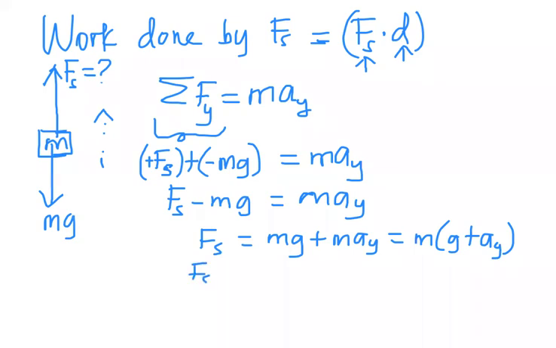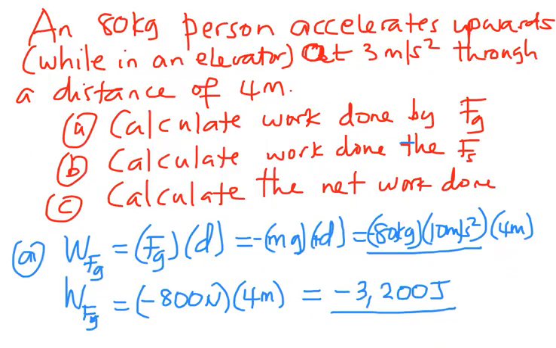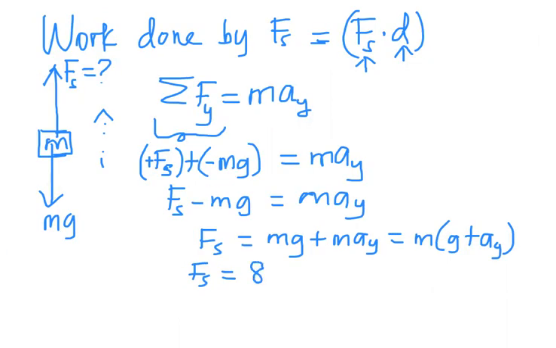So the support force will be, if you remember, the question says the mass of the person is 80 kilograms. So we use 80 kilograms times 10 meters per second squared, plus the acceleration, which is upward.